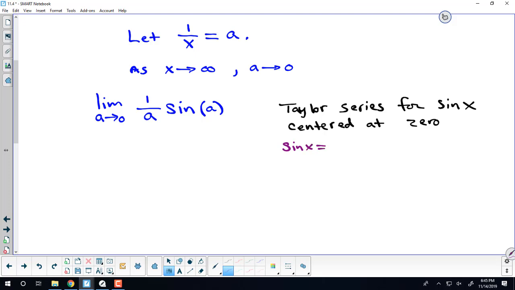Sine of x is x minus x cubed over 3 factorial plus x to the 5th over 5 factorial, etc. So that's the sine of a, since we're using a, in the limit as a approaches 0.